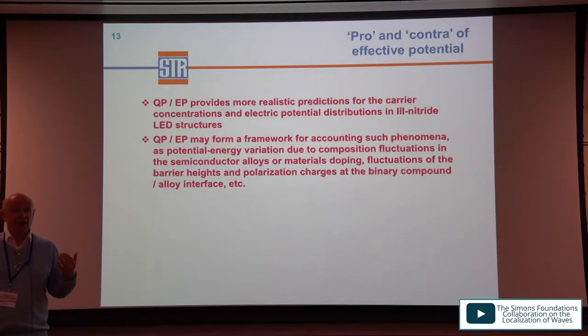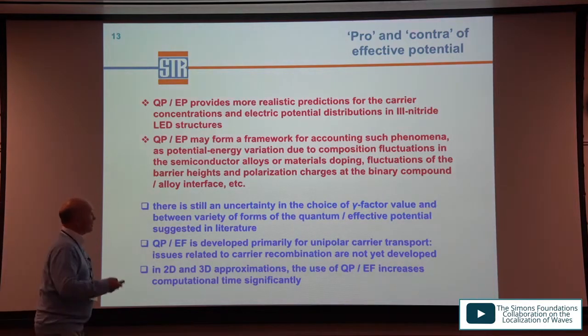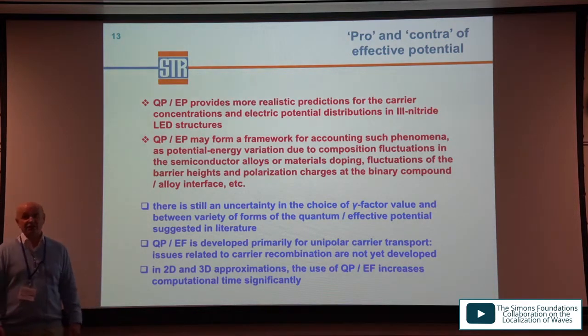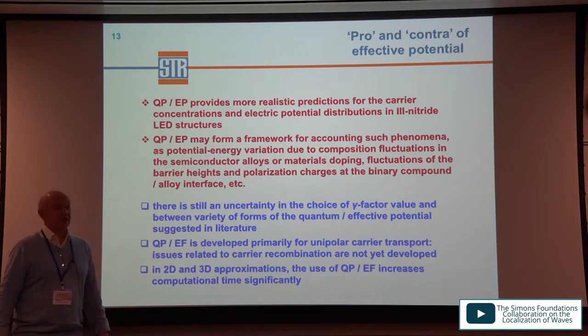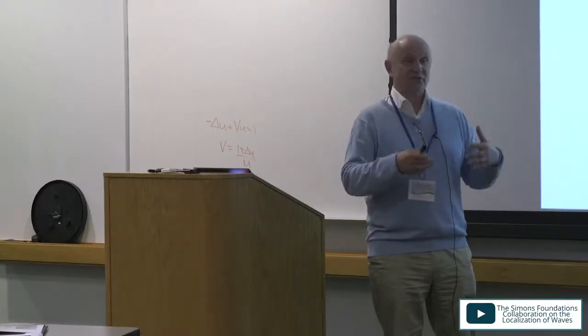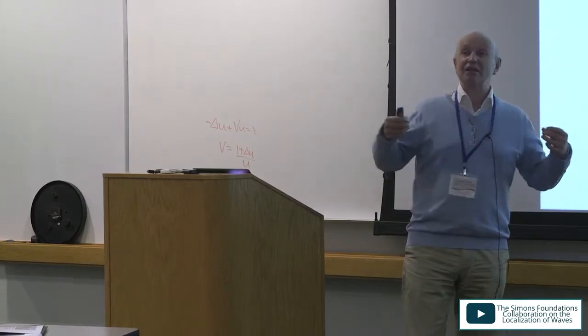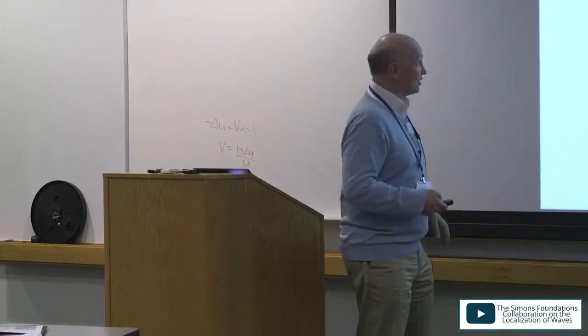Well, and what are the disadvantages? First, there is still an uncertainty in the choice of the gamma factor, because in the literature, people say that the gamma factor is different, for instance, for quantum wells and for delocalized states. This is one issue.